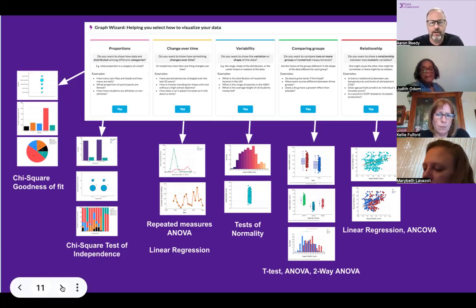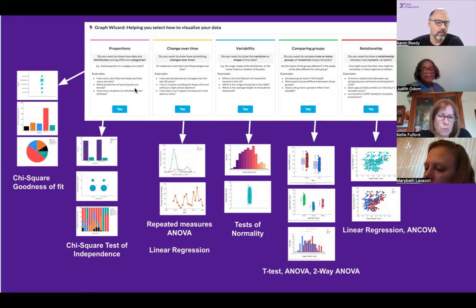You can talk about a question of proportions that's dealing strictly with categorical data. So we're asking, how are data distributed in these different categories? How many coin flips are heads? How many are tails? How many participants are males? How many are females? So we're breaking up things into categories.